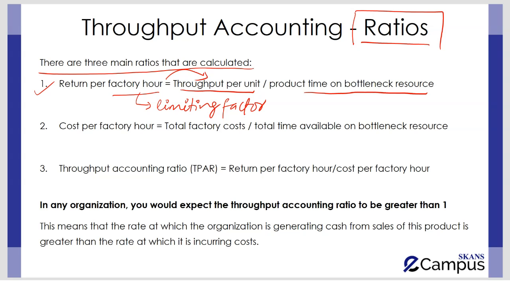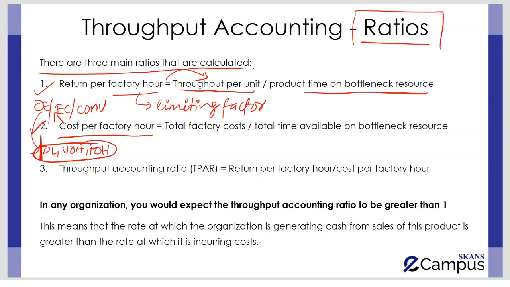The second ratio is the cost per factory hour. Now here the cost means the operating expenses or the factory cost or the conversion cost, which includes direct labor, variable overheads and fixed overheads. So basically all costs other than direct material costs. So cost per factory hour will be the total factory cost, the total of all these elements, divided by the total time available on the bottleneck resource.